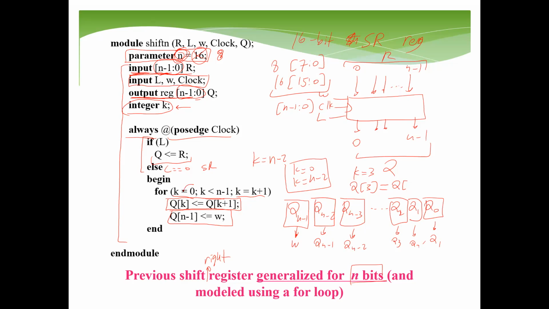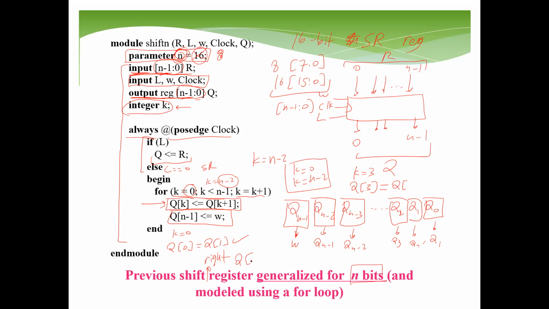Check the beginning of the loop, which is 0, and the end of the loop, where k is equal to n minus 2. So if k equals 0, this will become Q of 0 equal to Q of 1, which is correct. Now check for n minus 2.